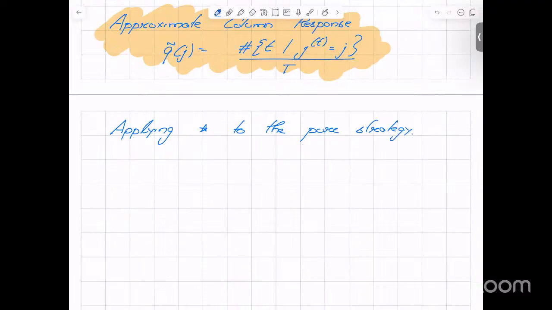We will have 1 by T summation T MT PT is less than or equal to 1 by T summation MT pure strategy say I.